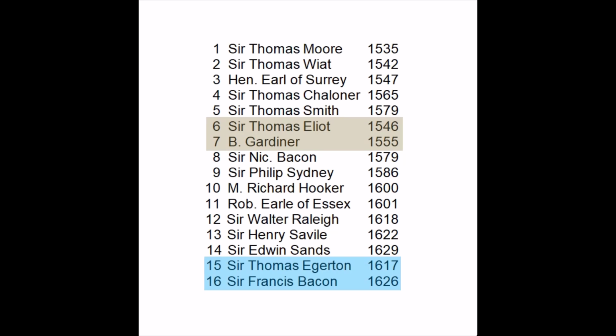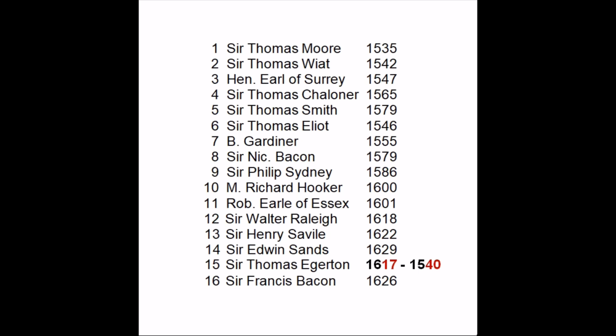But if we're going to go by the year they died, Thomas Egerton's name should appear after the Earl of Essex, and Francis Bacon's name should be printed a few places after, following Henry Savile. Instead, Thomas Egerton and Francis Bacon appear at the end of the list. I don't know if this is anything, but Thomas Egerton's year of death was 1617, and his year of birth was 1540.